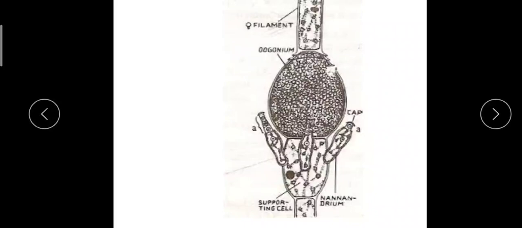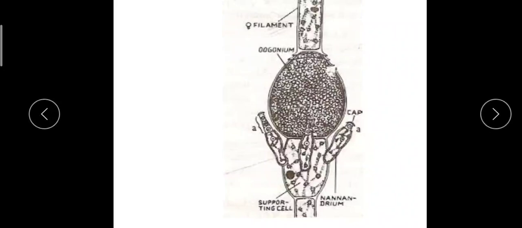And next is the case of nanandrous species. In nanandrous species, before antheridium formation, there is a special organ or an extra feature, that is the formation of androsporangium. This androsporangium produces androspores, and androspores are liberated out. They swim through water and reach the surroundings of the oogonium.